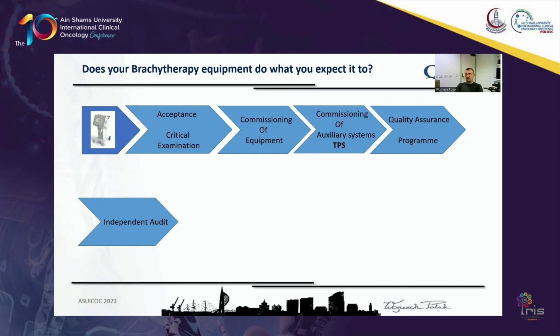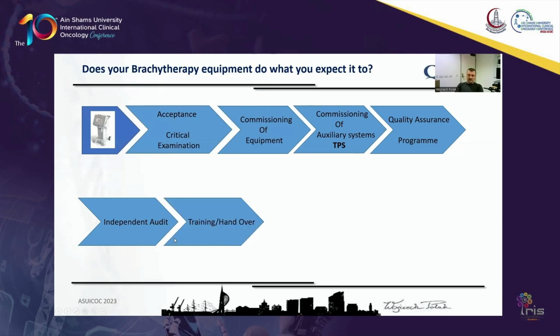And it was not a long time ago, a situation in the UK when the external or independent check showed that the commissioning of the LINAC was inadequate, and this LINAC was not accepted for clinical use, and it had to be recommissioned. So it's a very important thing to have someone independently check the work that we've done.